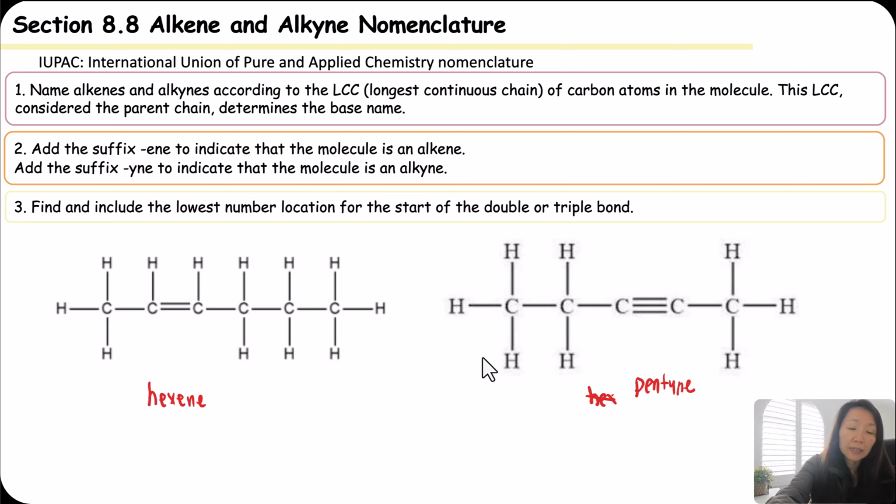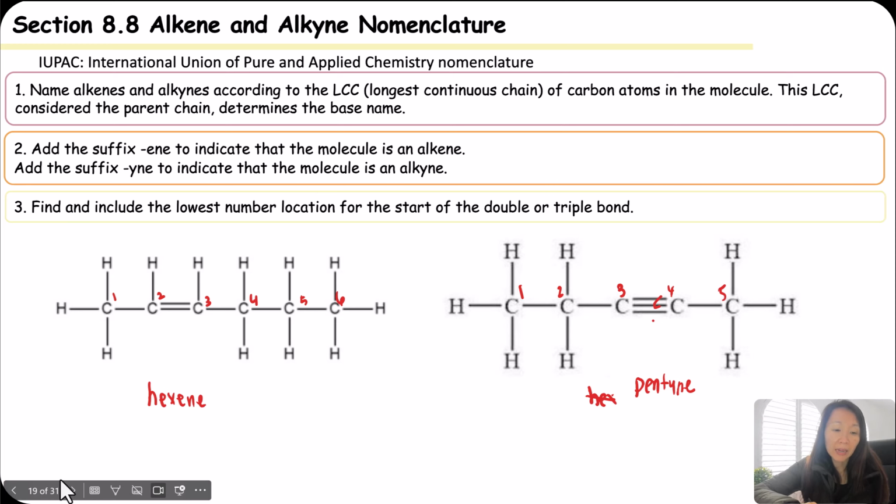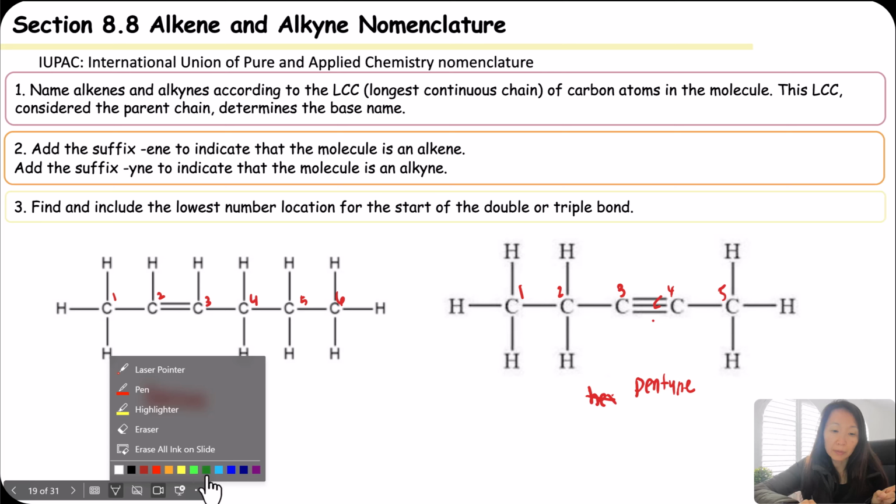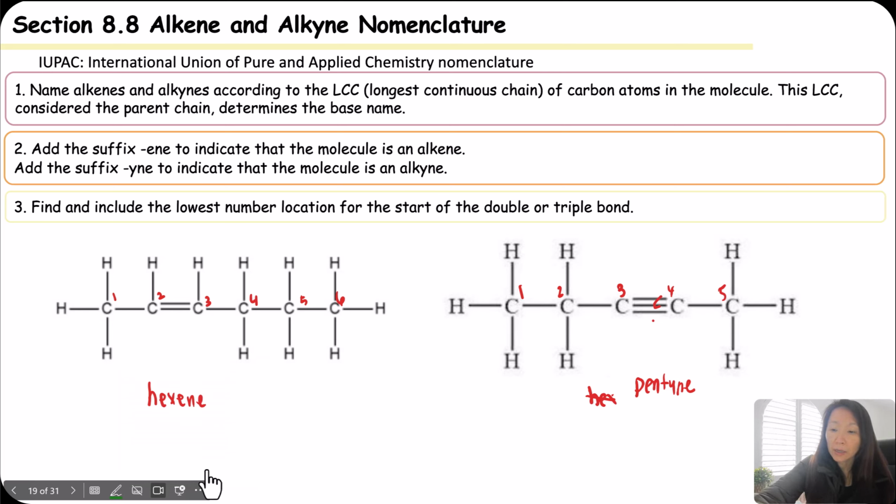So if I consider carbon as 1 and then 2, 3, 4, 5, 6, going across this way, same thing, 1, 2, 3, 4, 5. Okay, I'm going across that way. And in reverse direction, I'm going to number it in green. 1, 2, 3, 4, 5. And then 1, 2, 3, 4, 5, 6.